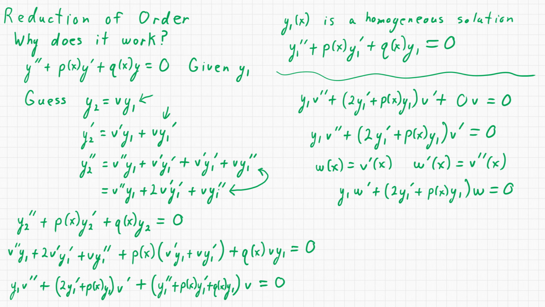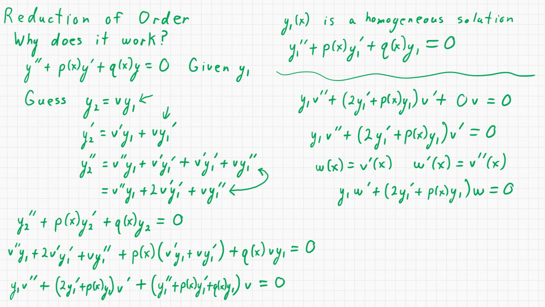This is the part of the product rule where we didn't take the derivative of the v part. We only did the y1 part. And so by doing that, you end up with v times y1, v times y1 prime, v times y1 double prime. You put that into the differential equation, you get v times y1 double prime, p of x times v times y1 prime, and q of x times v times y1. You end up getting this little copy of the original ODE with all the y1 terms with their derivatives and this part of the product rule where we never took the derivative of v. So that's the reason it works.